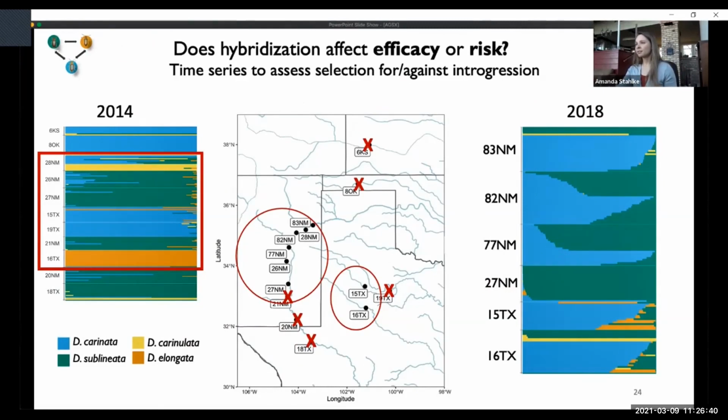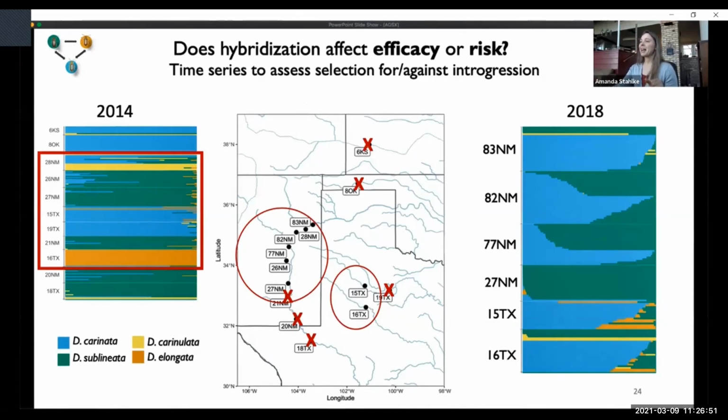We couldn't find populations there, but there were populations at these sites between 83 New Mexico and 27 New Mexico, 15 Texas, 16 Texas. And so these population codes correspond, and there were some new sites.